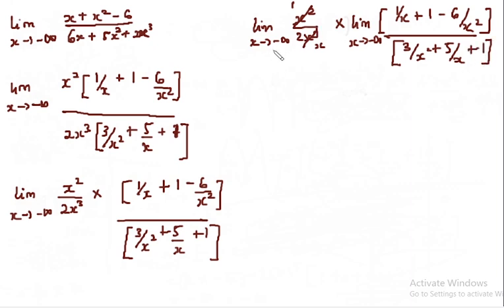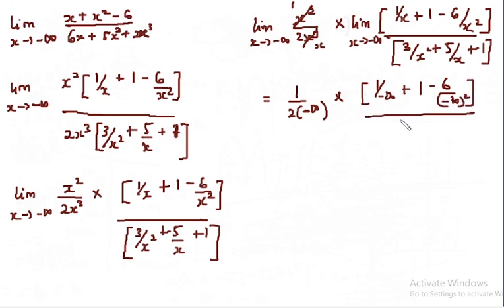From here, I'll take the limits already. Remember I have 1 over 2x here. So it will be 1 over 2 times negative infinity, times, if I take the infinity terms here, 1 over negative infinity plus 1 minus 6 over negative infinity squared, over 3 over negative infinity squared plus 5 over negative infinity plus 1.